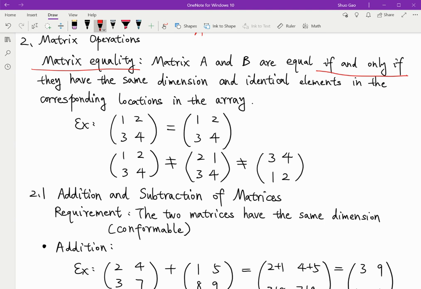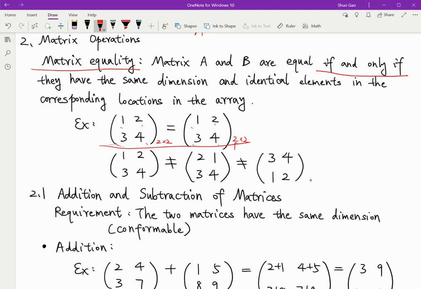So for example, this matrix 1, 2, 3, 4 equals 1, 2, 3, 4, right? These two matrices are equal to each other because, first, both of them are 2 by 2 matrices. They have the same dimension, right?